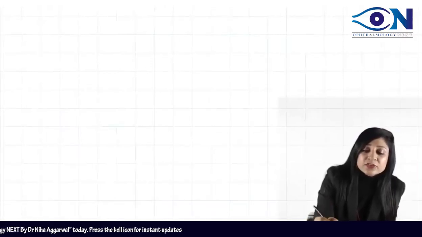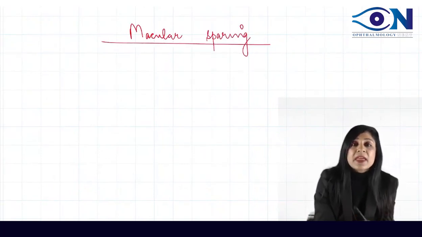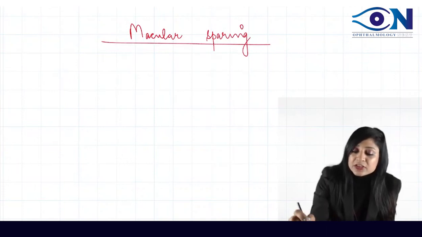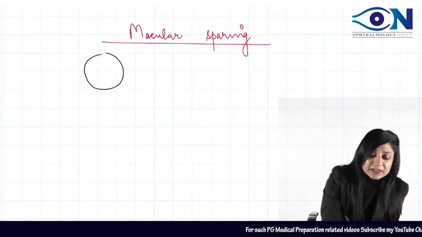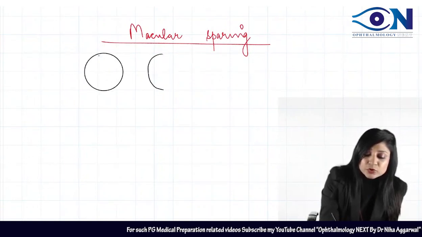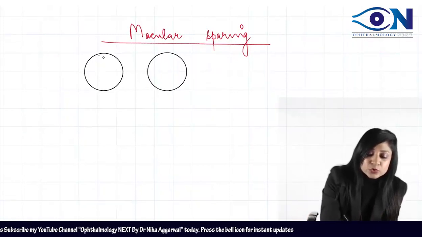Somebody is saying that there was a question on the macular sparing. So in the lesions, where do you get the macular sparing? When you show the lesion with the blood supply, if I talk about the vascular lesions, something like this, I can divide this into two parts.